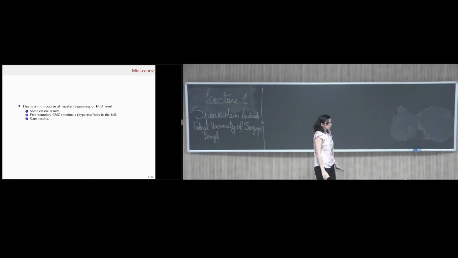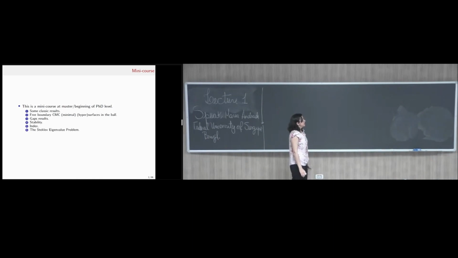Next, we will talk about gap results and the stability results in the free boundary problem. After, we talk a little about index and about the Steklov eigenvalue problems. And I talk a little about some characterization of the critical catenoid.